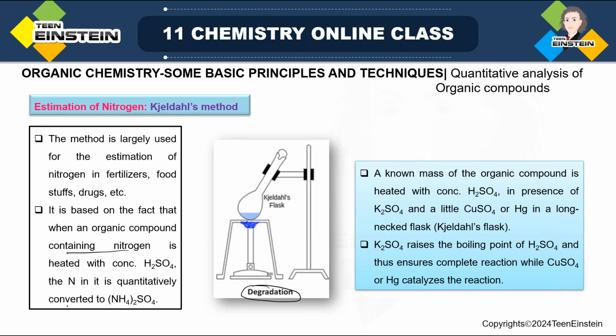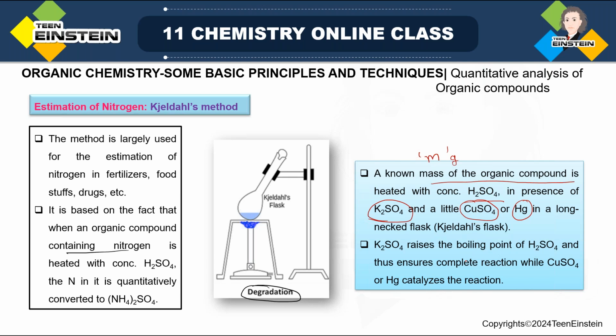Degradation means you will take a known mass of organic compound. Suppose you have taken m gram of organic compound, you will heat it with concentrated H2SO4 in presence of potassium sulfate and a little amount of CuSO4 or mercury in a long necked flask. From the picture you can understand it is a long necked flask which is known as Kjeldahl flask.